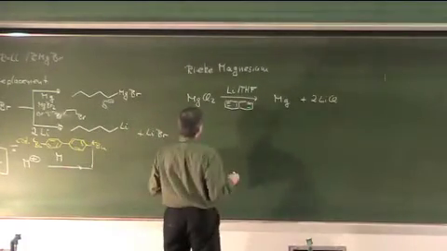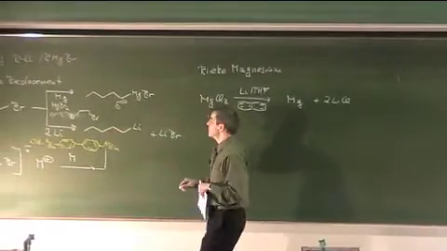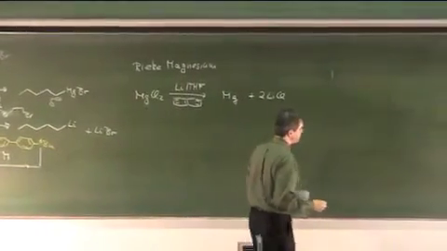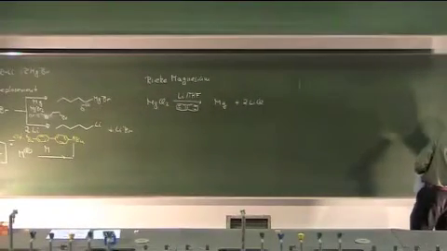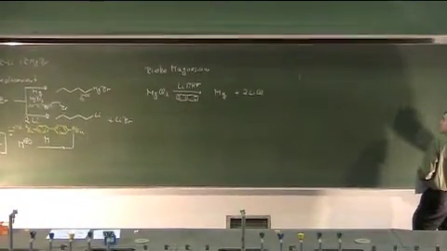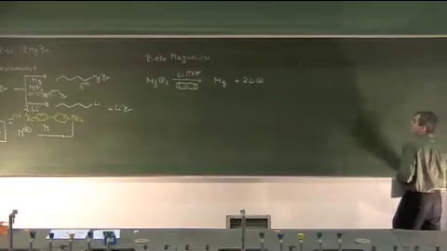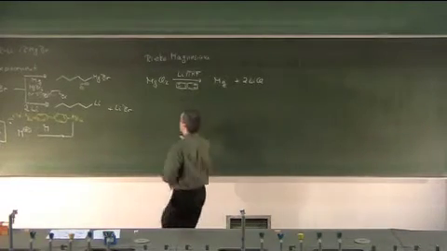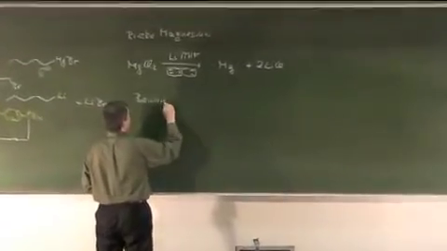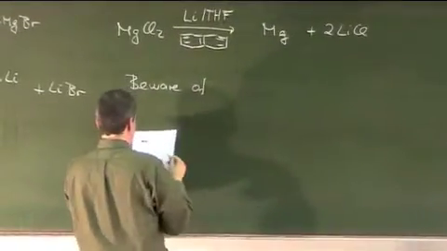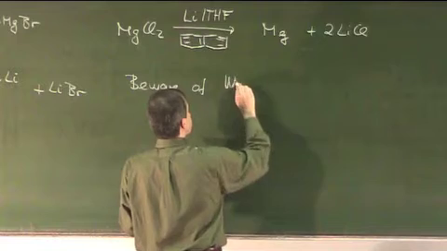Now, that is not true for all of the alkyl halides you can use. You see coupling products, which is, of course, preparatively sometimes very useful, and it's the so-called Wurtz coupling.